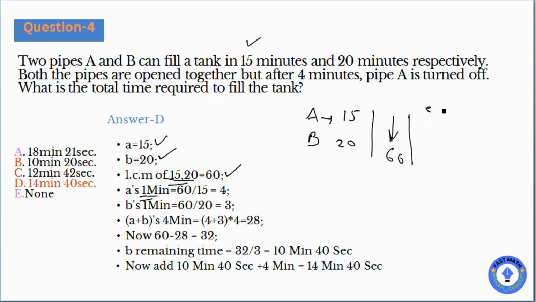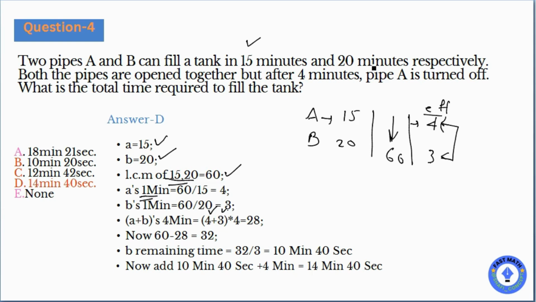What is the efficiency? This is 60 divided by 15, which is 4. This is the efficiency of A. Efficiency of B is 60 divided by 20, that is 3. That means when both are filling the tank, the efficiency will be 4 plus 3.